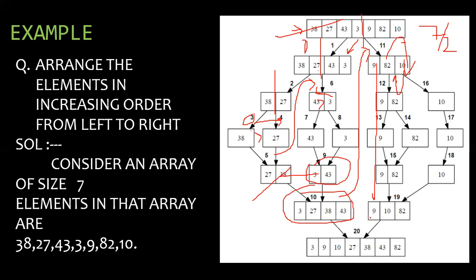And we'll get this sub array 9, 10, and 82. Now at last, we just have to combine these two sub problems and get the original solution. Our main problem was 38, 27, 43, 3, 9, 82, and 10. And we are getting the answer as 3, 9, 10, 27, 38, 43, 82.